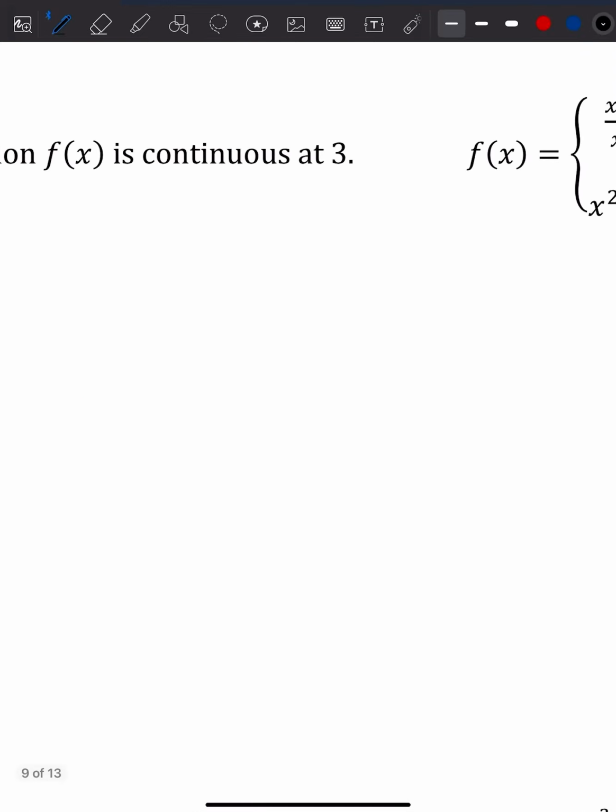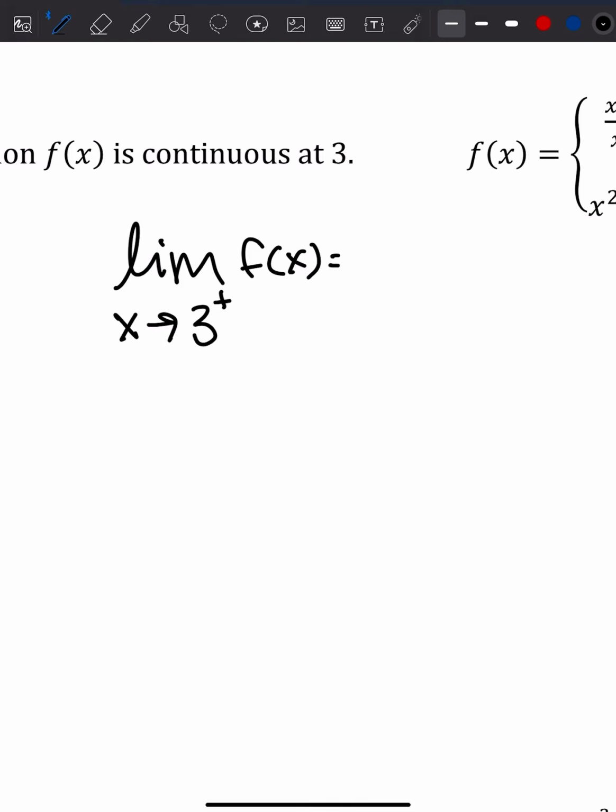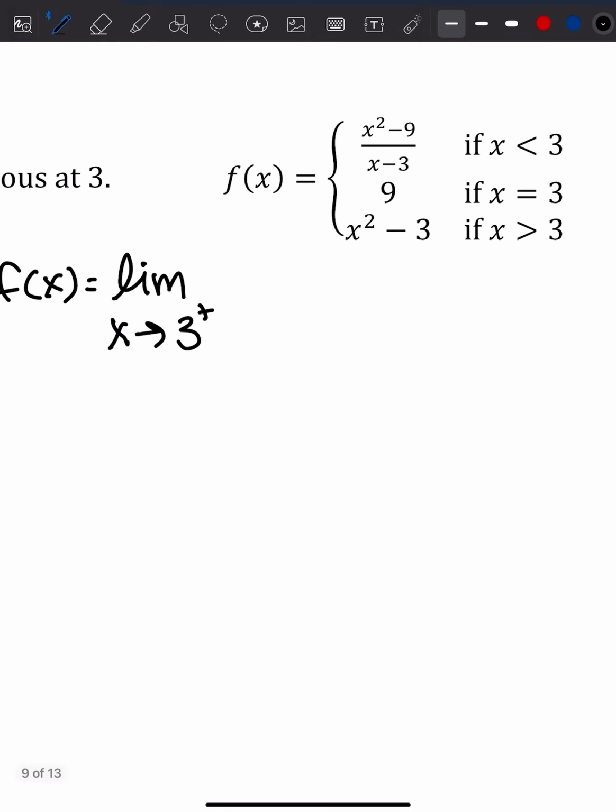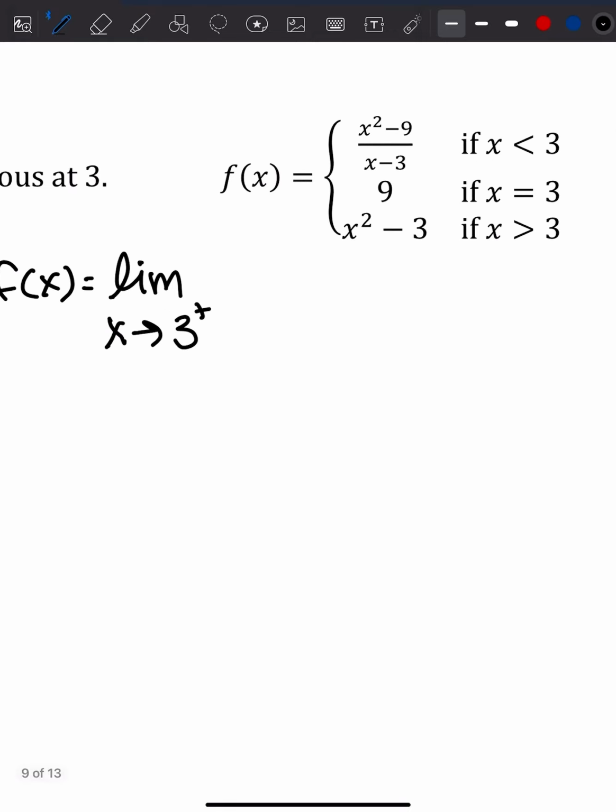Okay. So the limit as x approaches 3 from the right of f of x means that we are going to look at our function when x is greater than 3. So we're going to be using x squared minus 3.